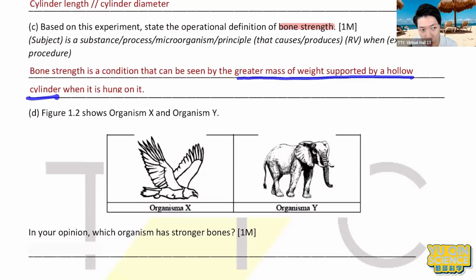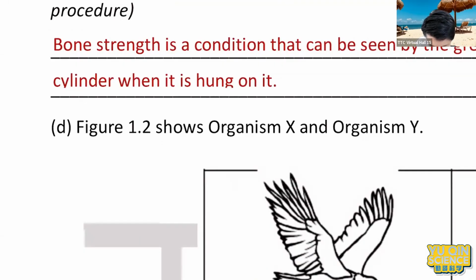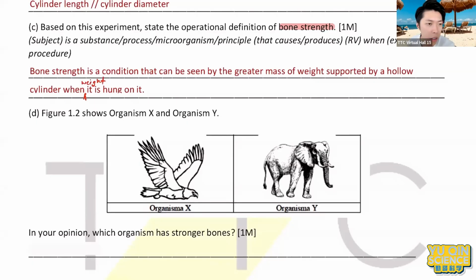This is my responding variable, my friends. When it is hung on, it means the weight is hung on it. That is my experiment procedure. I think I better write this: when weight is hung on it. I think that sounds better. Okay, formatting everybody.